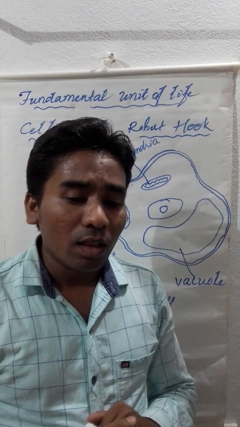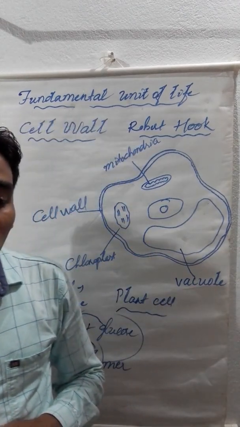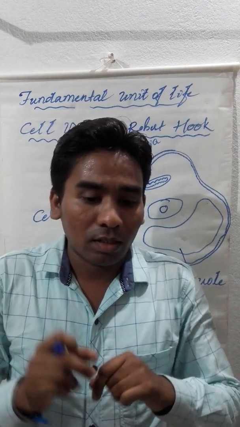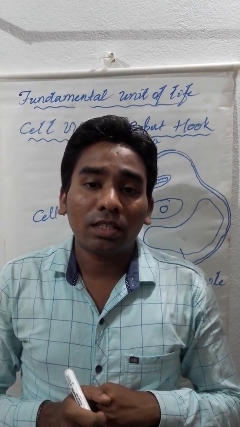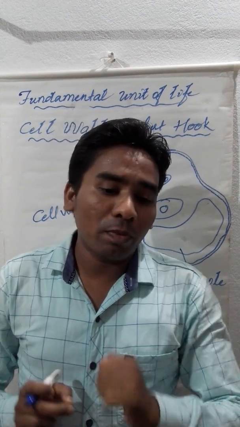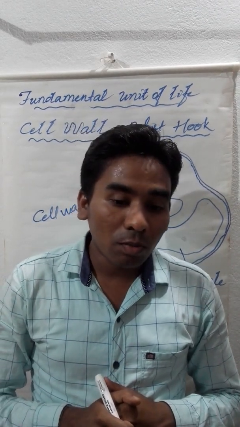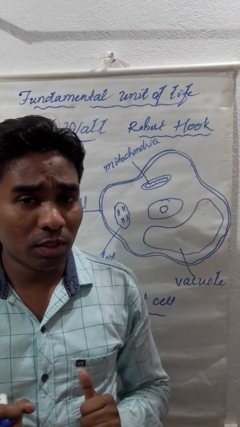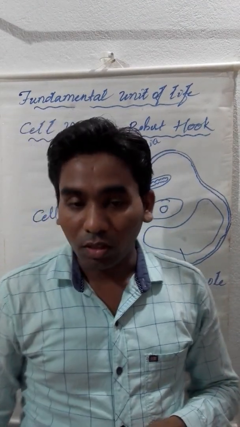And the function of the cell wall is mainly that it provides structural strength to the plant, and it can help to prevent the bursting of the cells in hypotonic solutions.